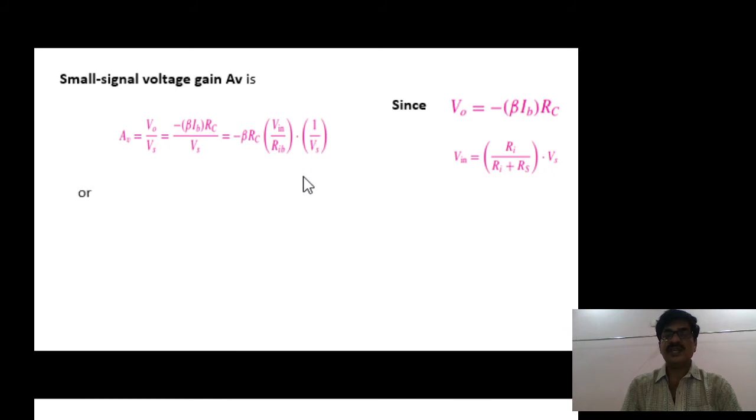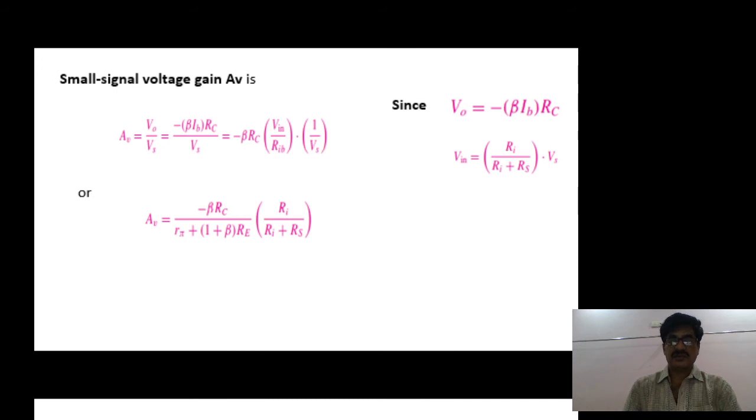Therefore the voltage gain is minus beta RC divided by RIB, into Ri divided by Ri plus Rs, where RIB is R pi plus 1 plus beta times Re, which we already derived previously. So this is the voltage gain for the CE amplifier, including the Re resistor.